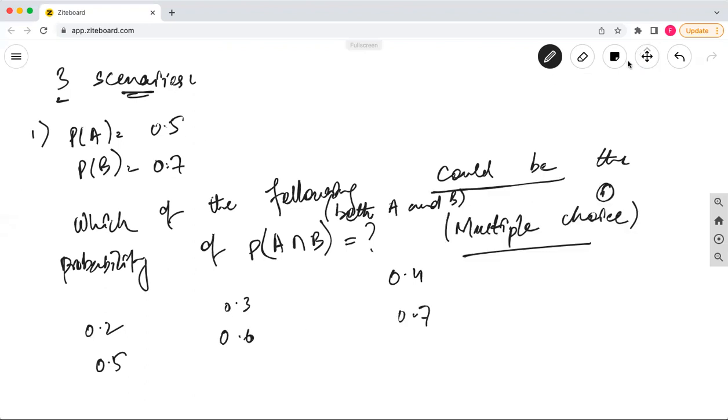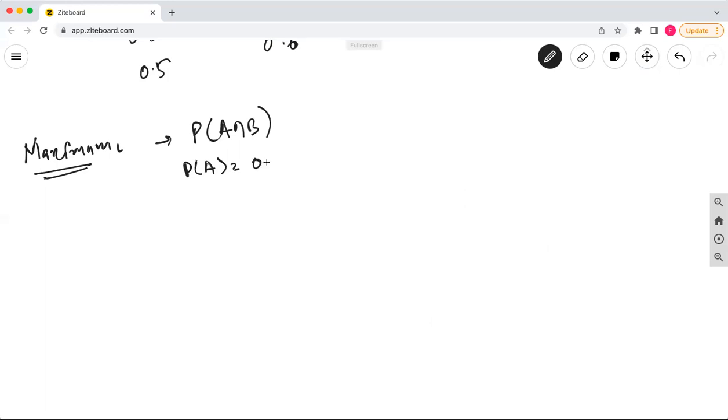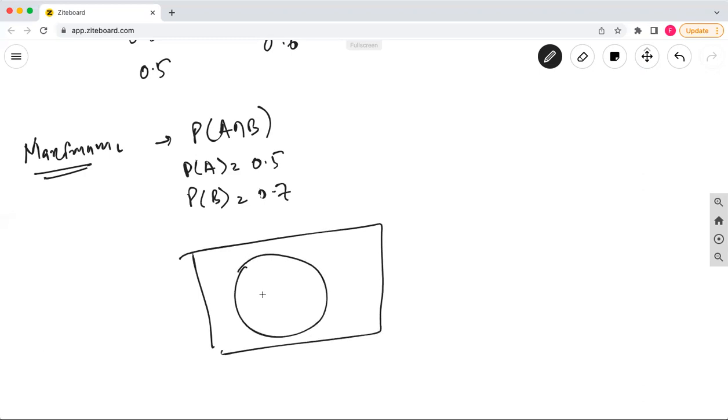Okay, let's think of this. First, see the maximum probability case, the maximum probability of A and B. If probability of A is 0.5 and probability of B is 0.7, what is the maximum value of probability of A and B? When A lies inside B. If this is A and this is B, so if this is 0.5, this is 0.2, and this is 0.3 to make the whole one.